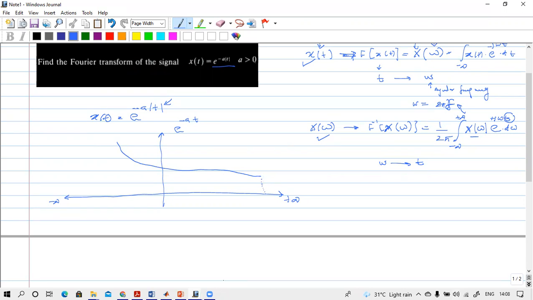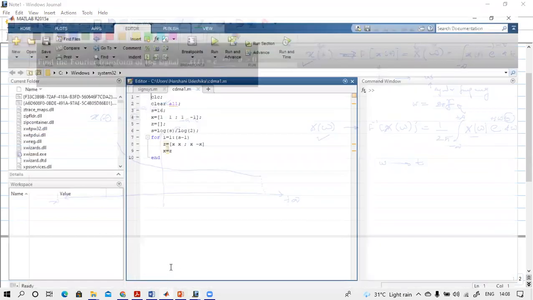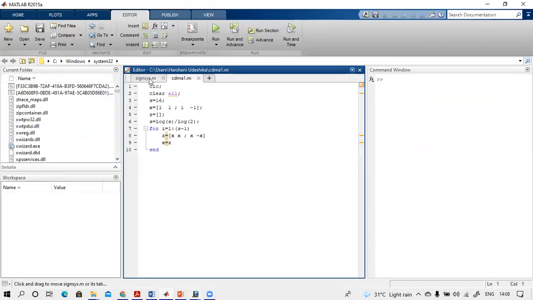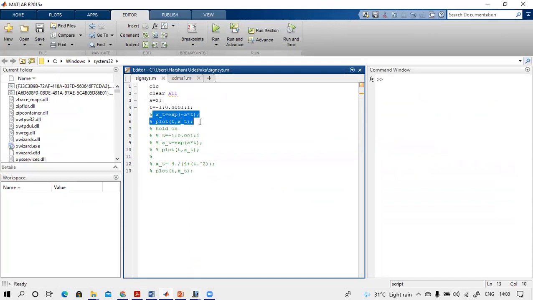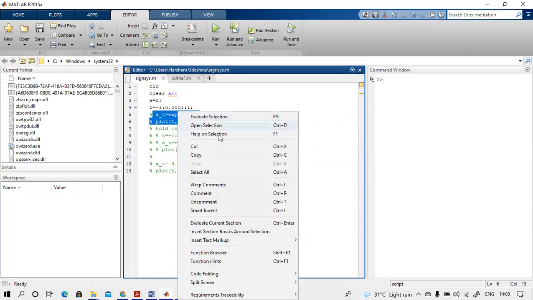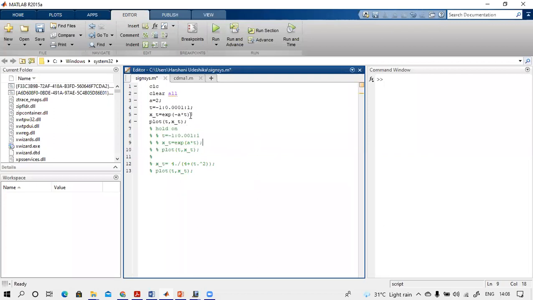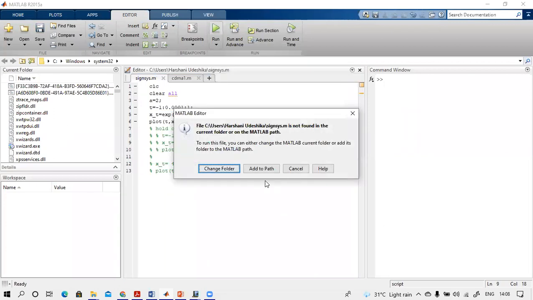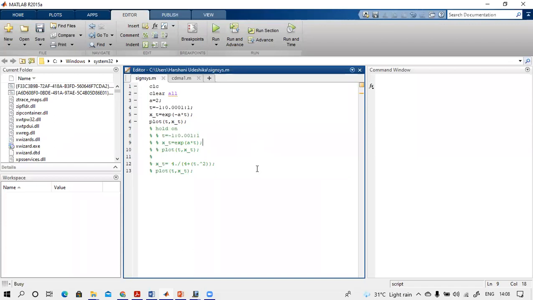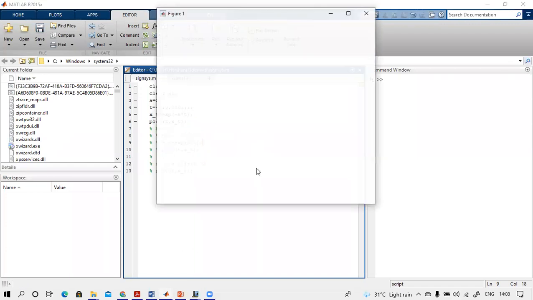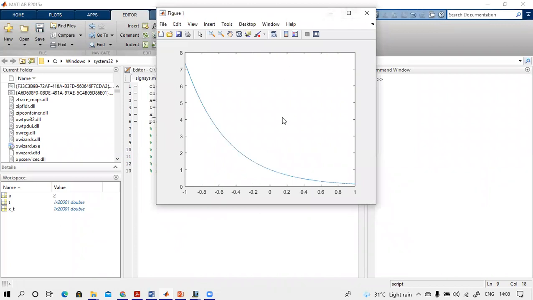So we see it in Matlab. If we want to get this signal, we will get this kind of signal, no? You can see that at 0 it is 1, no?